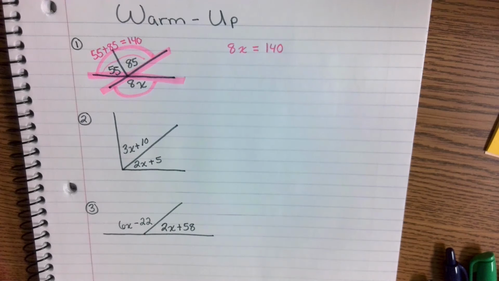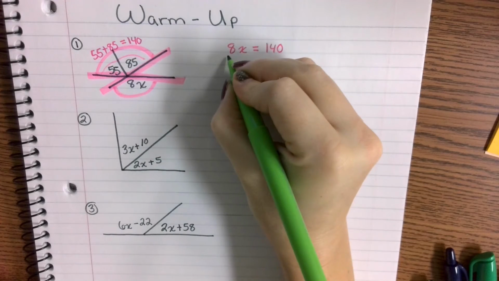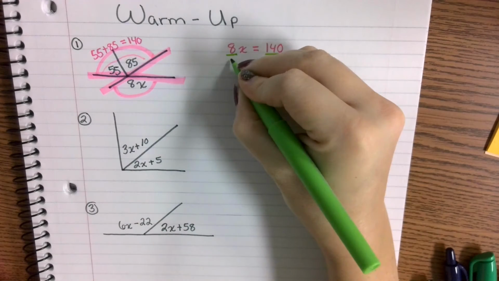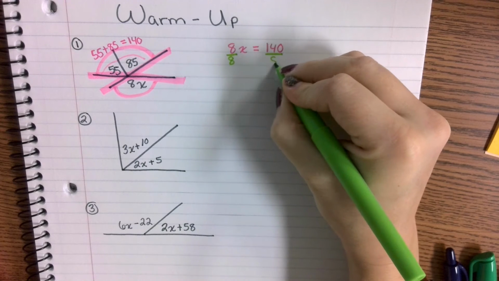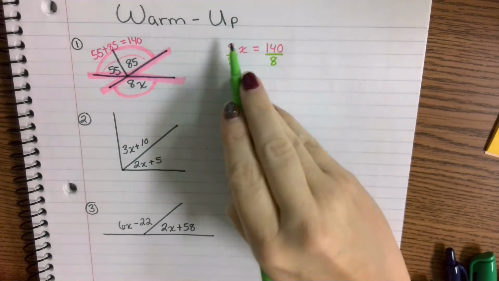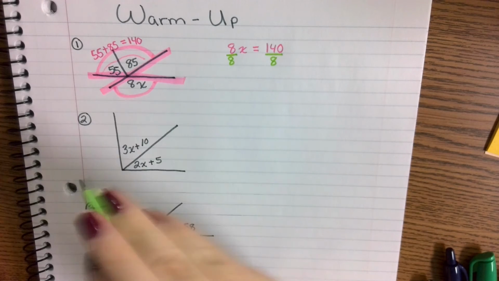Multiplication. So what is that inverse operation to multiplication? Leo, you're not Con. The opposite of multiplication is what? Division. So we want to go ahead and divide both sides by 8. We're going to divide both sides by 8. So remember, when we divide, you're not getting rid of the value.